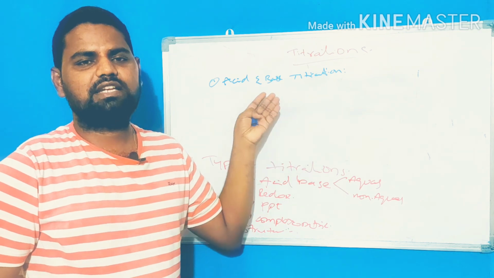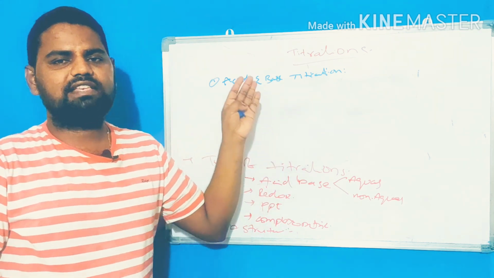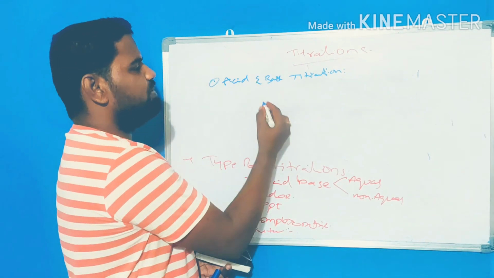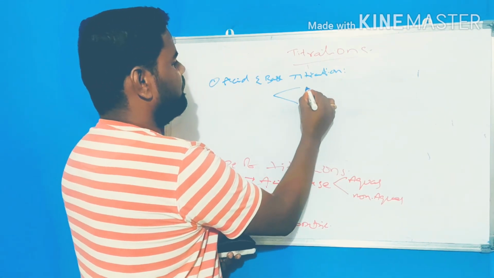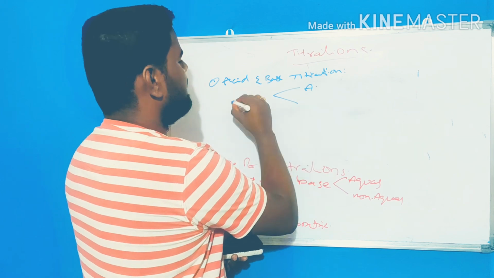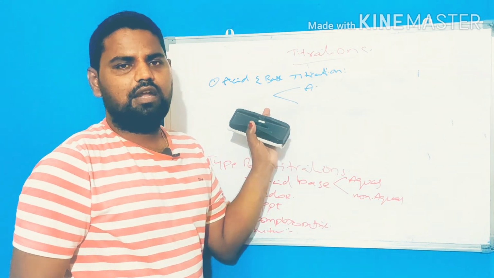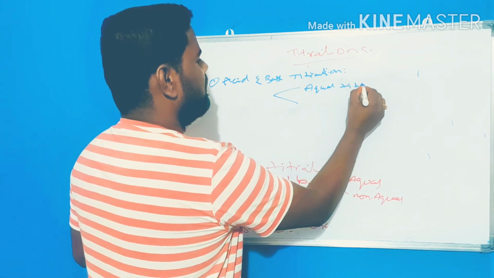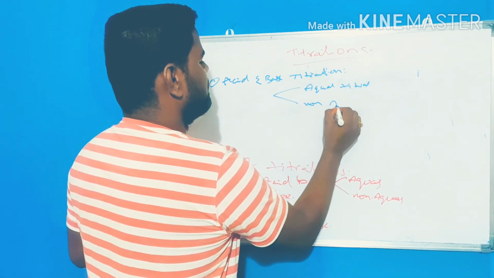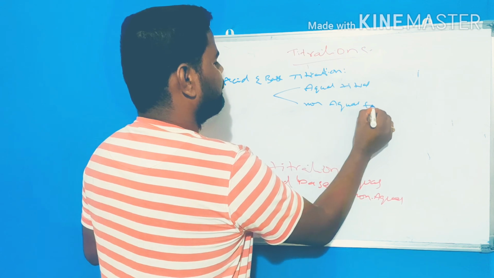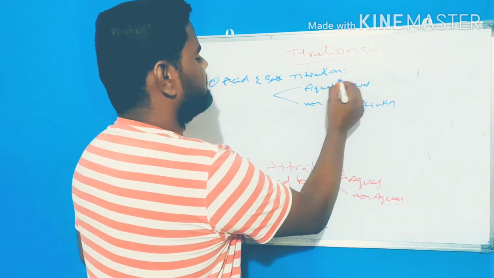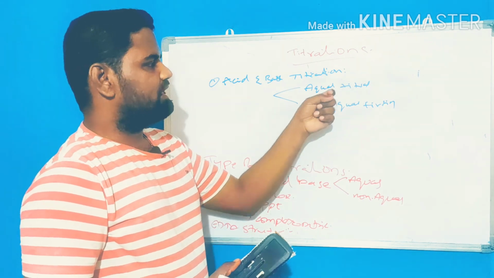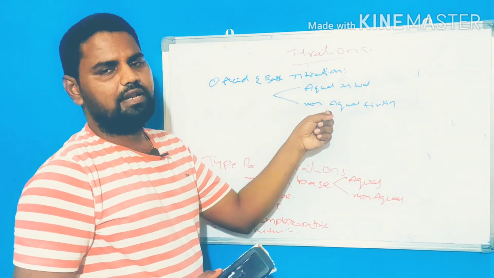In acid-base titration there are two types: aqueous titration and non-aqueous titration. I already told what aqueous and non-aqueous solutions are.